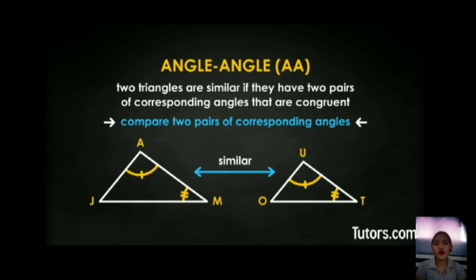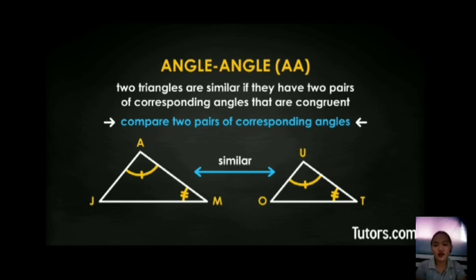So here we have two scaling triangles, triangle JUMP and triangle OUT. We have already marked two of each triangle's interior angles with the geometer's shorthand for congruence, the little dash marks. A single slash for interior angle A and the same slash for interior angle U means they are congruent.